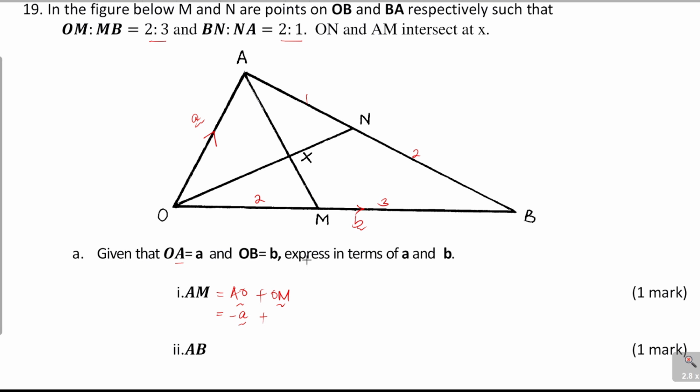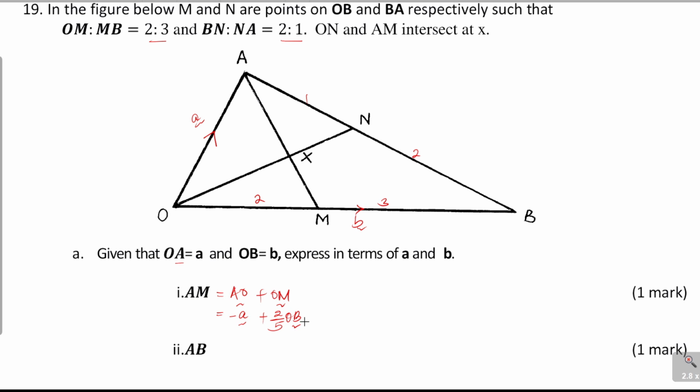Then OM, how do we get OM? You're going to use this ratio. If M divides OB in the ratio 2:3, then that means that OM is the fraction 2, divided by the total O to B. You have the sum of the ratio 2 plus 3, so that is 5, and this is OB. So OM is 2/5 of OB, and you get that from the ratio given there.